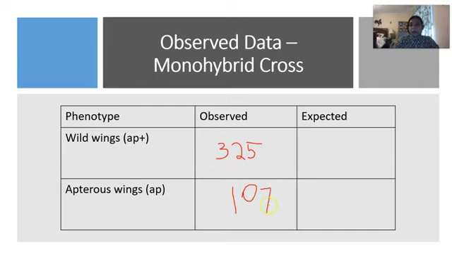The first thing we would need to know is how many total flies we are observing to get these numbers. So we just simply add those two up. In this case, it is 325 and 107, right? So you're going to get 432 total flies. I'm just going to write T for total is equal to 432.